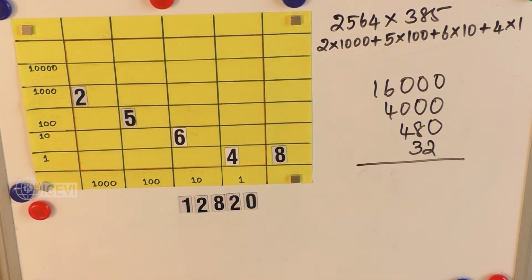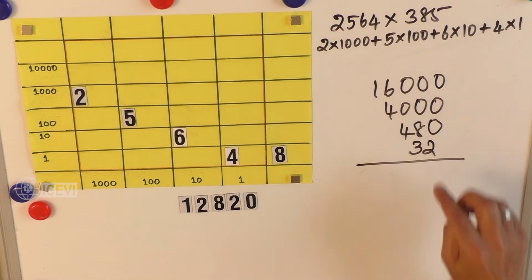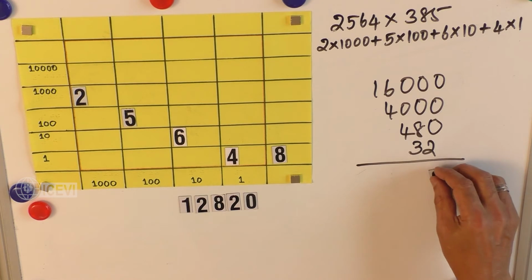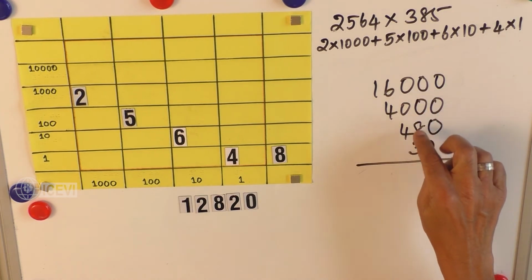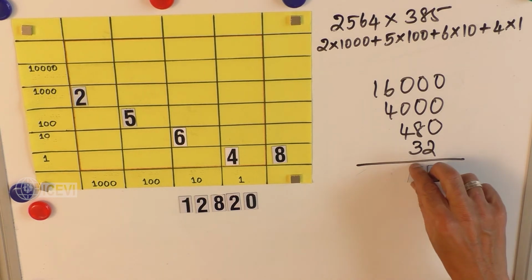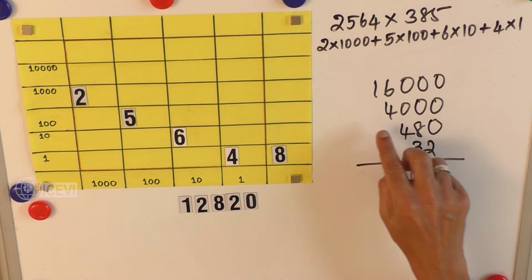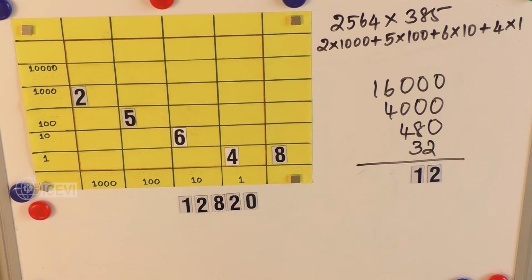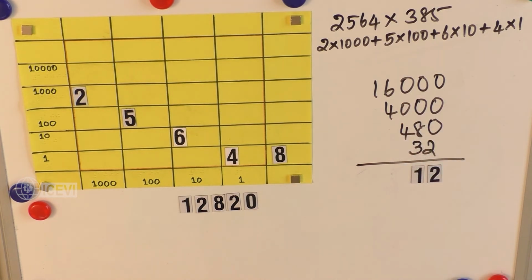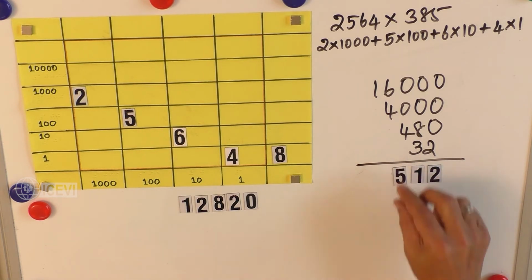So what is the total value? So 0, 0, 0, 2, that means 2. Then 0, 0, 8 and 3, that is 11. Put 1 here. The 1 should be taken to the hundreds column. So 0, 0, 4 and 1, you get 5.